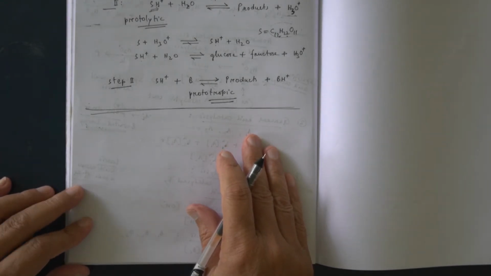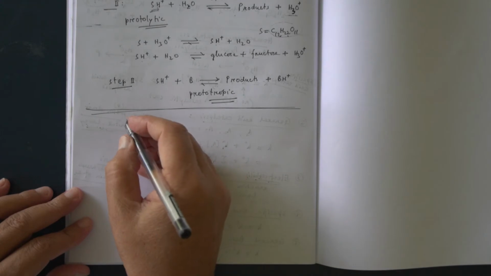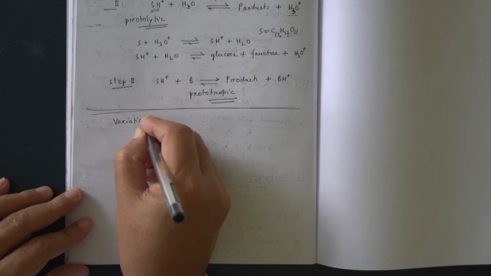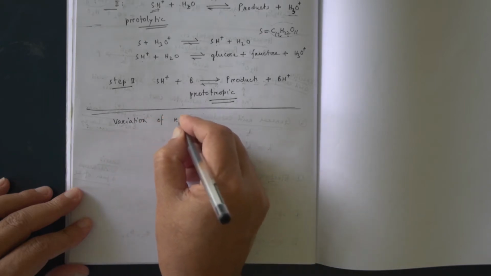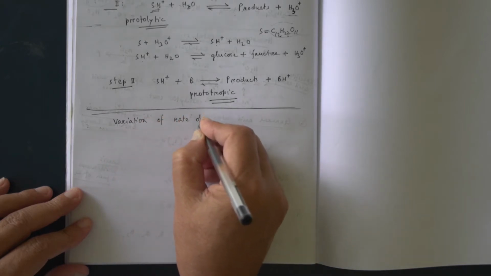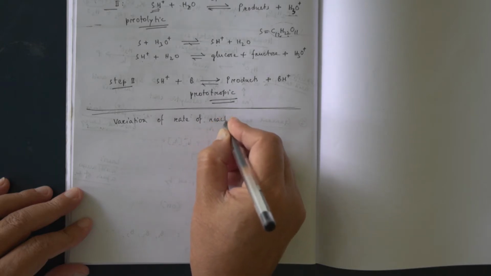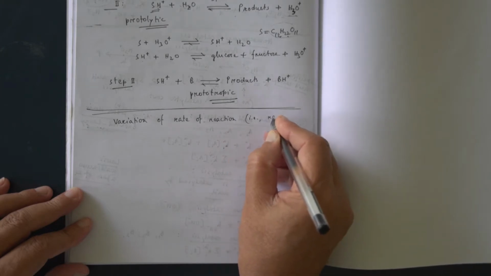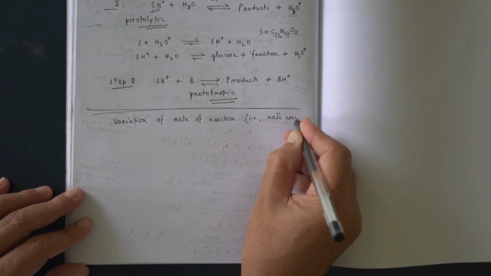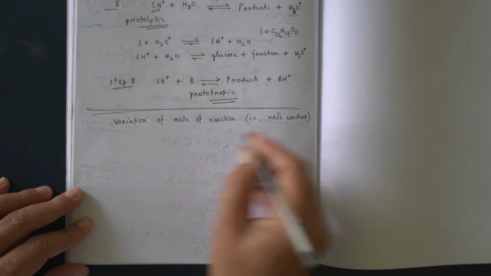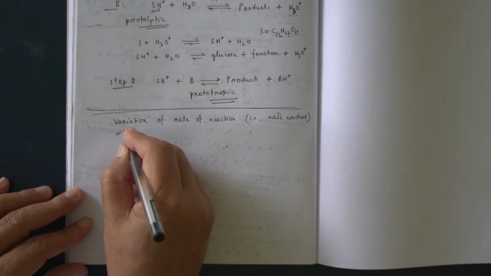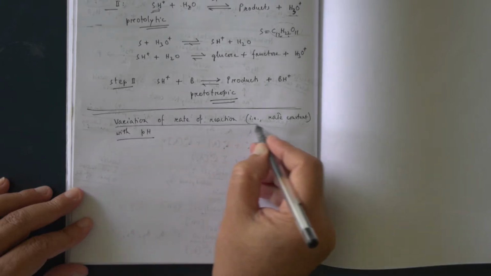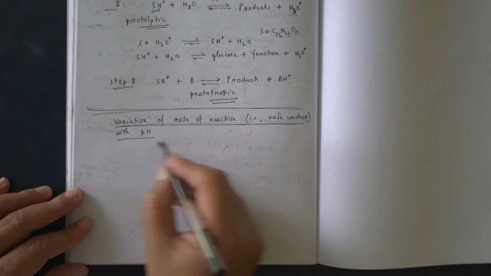Now today let us see the variation of rate of reaction, that is rate constant, with pH. Let us see this.